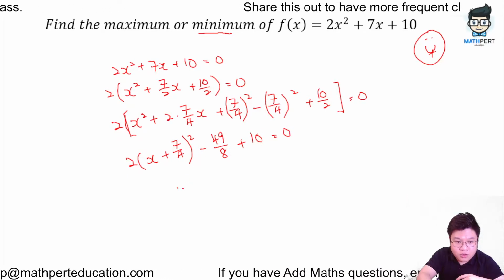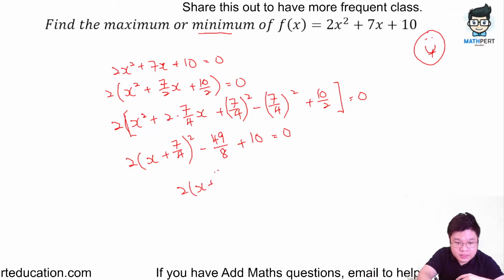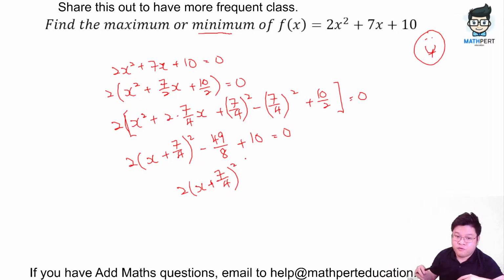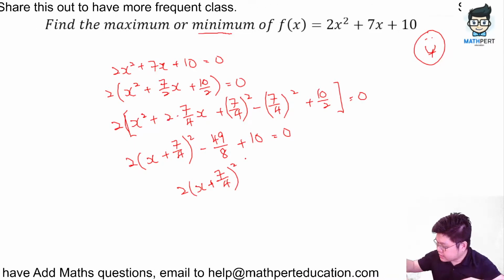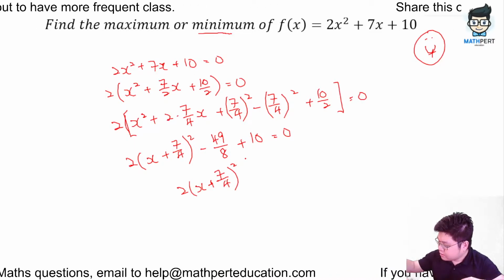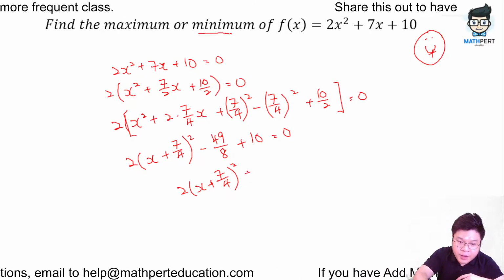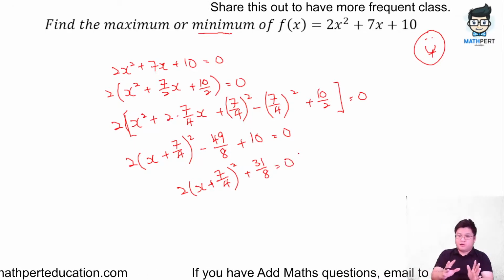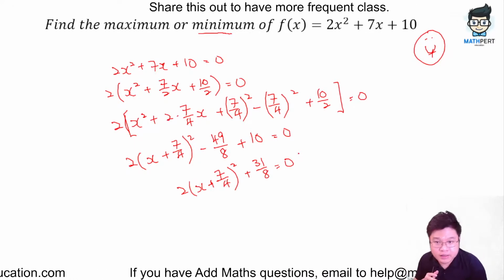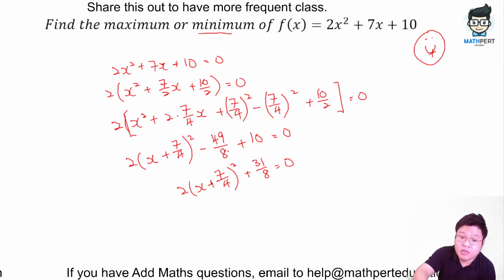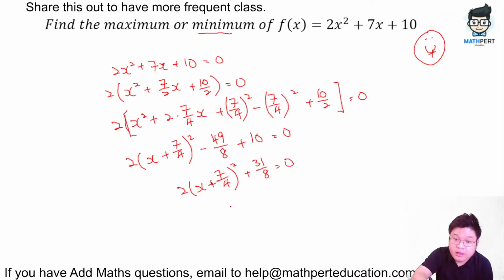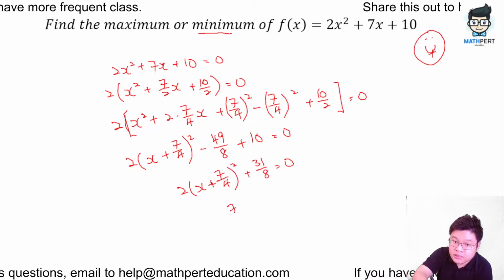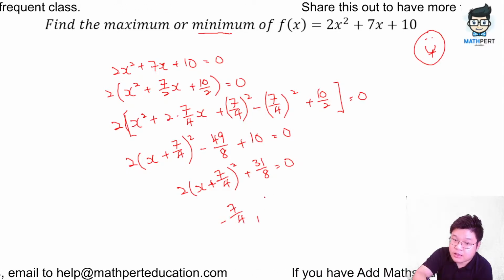So 2 times x plus 7 over 4 squared, plus 10 minus 49 over 8, you get plus 31 over 8. So we can stop here. We do not need to find what x is. Why? Because in this format, we already know the minimum point is this one.